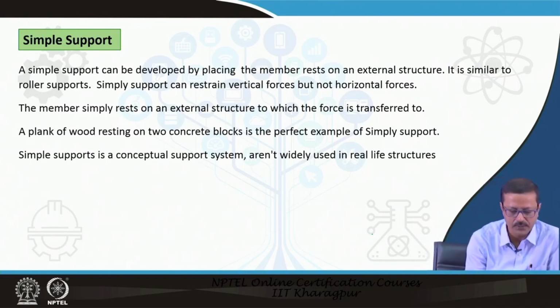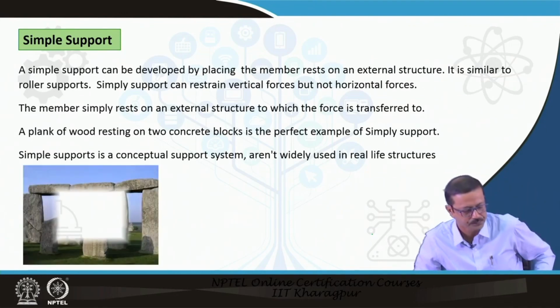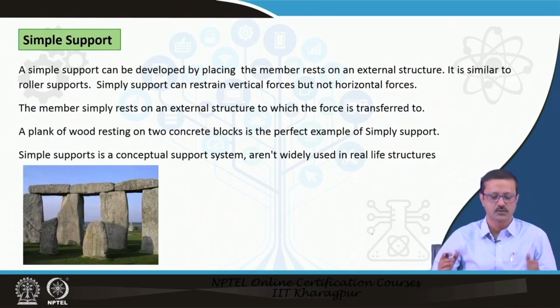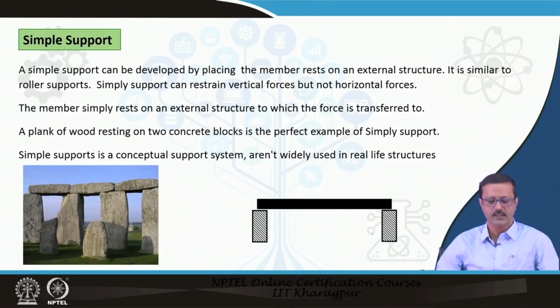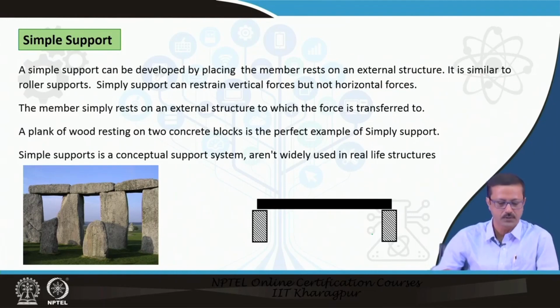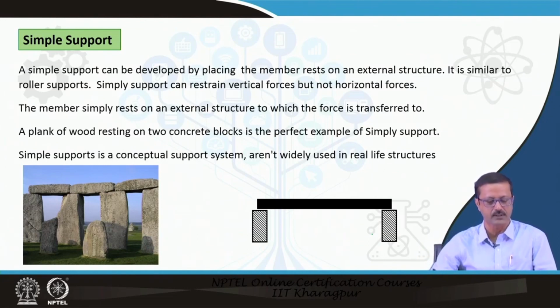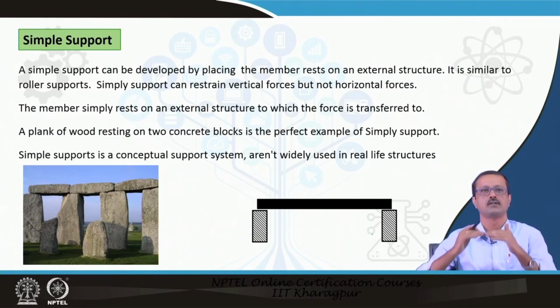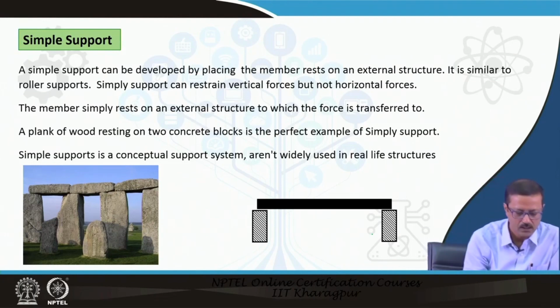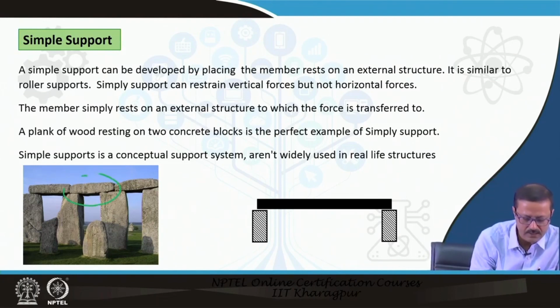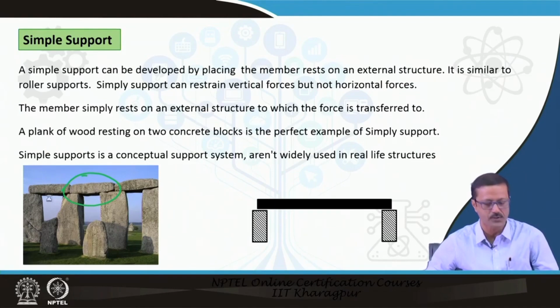A plank of wood resting on 2 concrete blocks is a perfect example of simple support. There are stone structures where pillars support a particular stone on the top, which is a very nice example of simple support systems also.